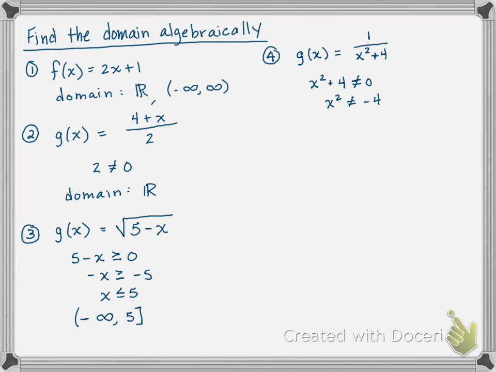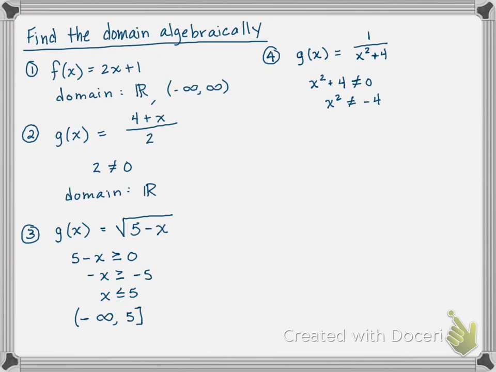What do you think? Yeah. So there ends up being no restriction here because x squared is never equal to negative 4, right? If you square a number, you always get a positive, because a negative times a negative is a positive, and a positive times a positive is a positive. So x squared as a value itself is always positive.